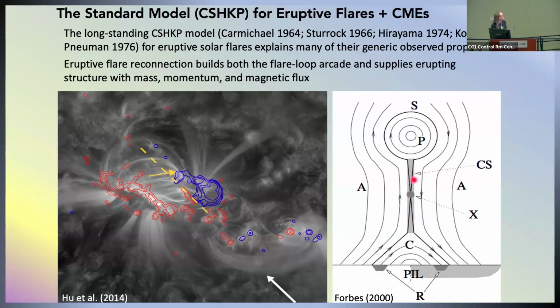And basically a bunch of particles and flow characteristics come down here and get dumped into the denser upper layers. You have particle beams coming out of the reconnection region. They hit the chromospheric plasma, they evaporate the chromospheric plasma, and basically heat the whole set of arcade loops. And so you get this bright emission here.